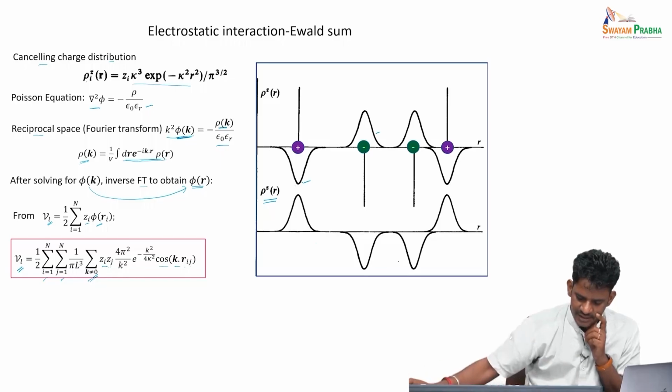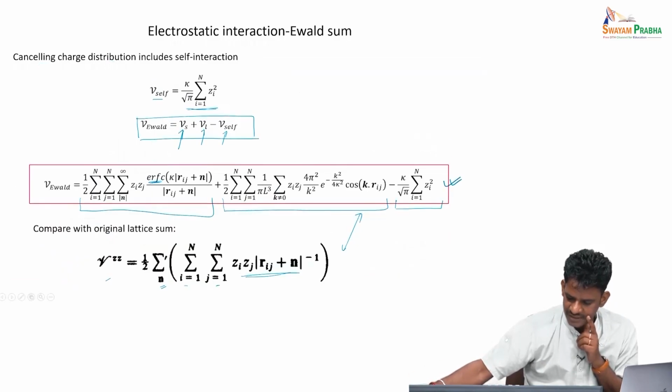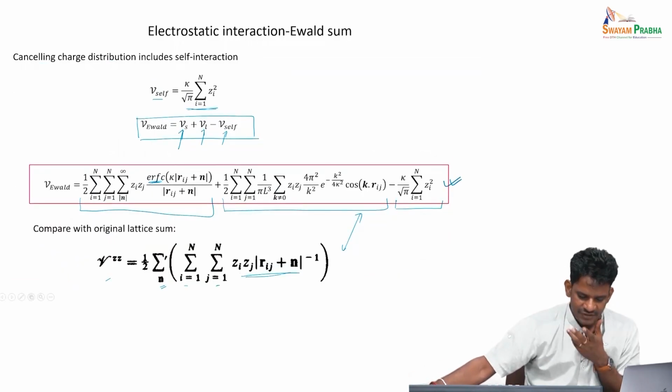And I think the advantage of this method, if I go back to the comparison, is that the original lattice sum is conditionally convergent, depending upon the order in which the neighboring boxes are added in the sum. Whereas in the Ewald sum, the first term is confined to only the central simulation box, in the same way that we do the minimum image convention, where we take the nearest images among all the images.